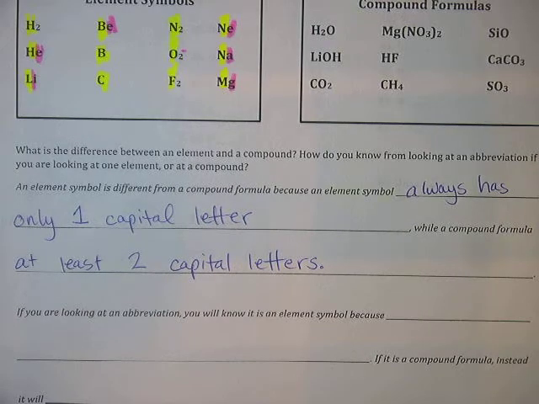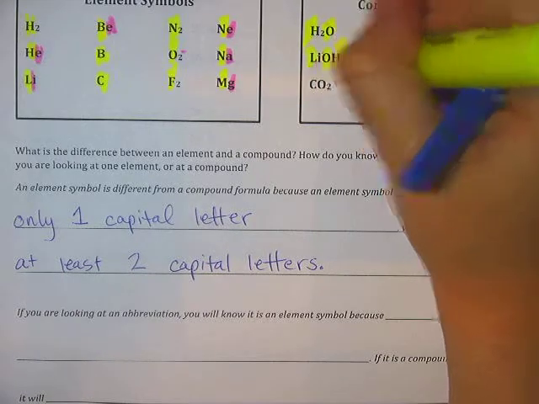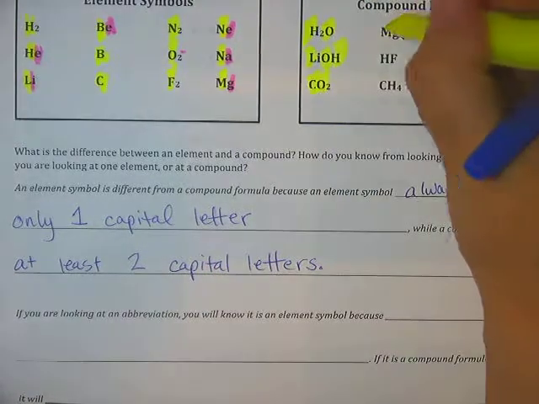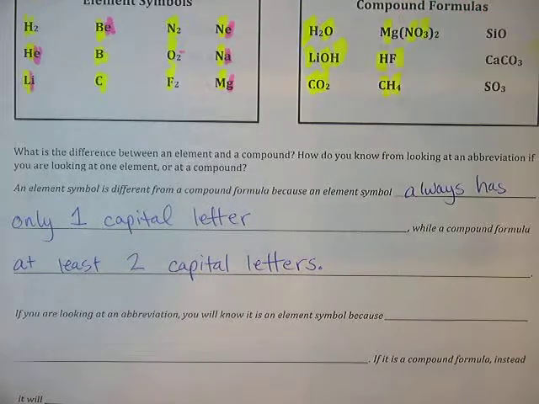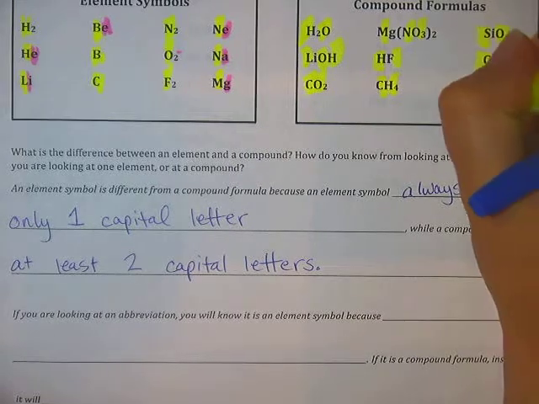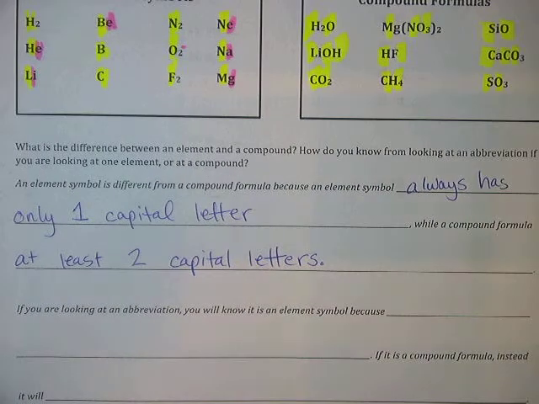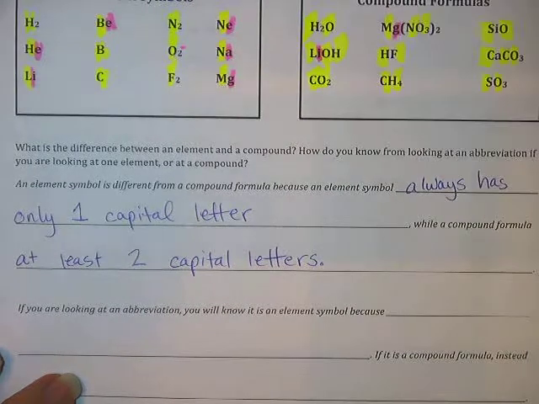Whereas for a compound, we've got 2 capital letters at least in each compound formula. Some of them have 3, and as we progress through the year, we're going to find that it is possible for a compound to have more than 3 capital letters and therefore more than 3 elements. And of course, some compounds still get some lowercase letters when there are symbols that are 2 letters long.